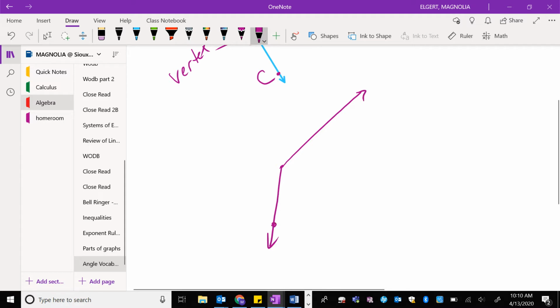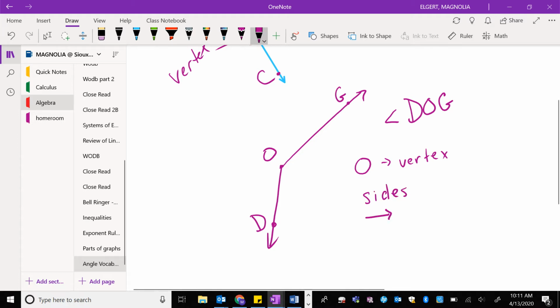So let's call this one D, O, and G. This is angle DOG. Its vertex is this point here. So O is the vertex. Its sides are rays, so you would use the symbol for a ray like that.